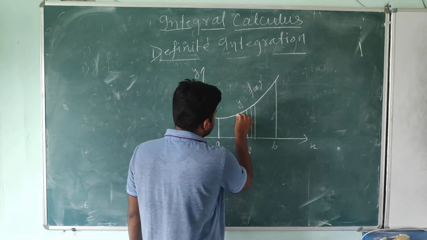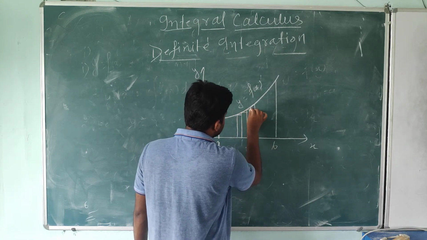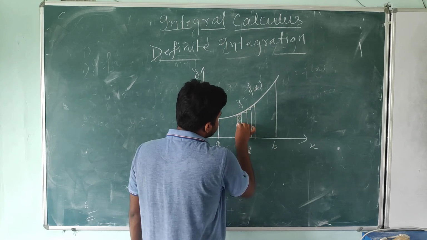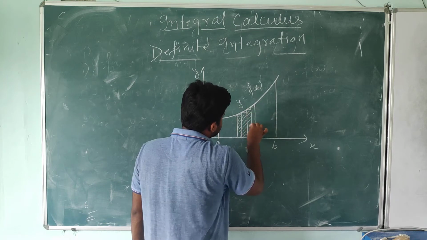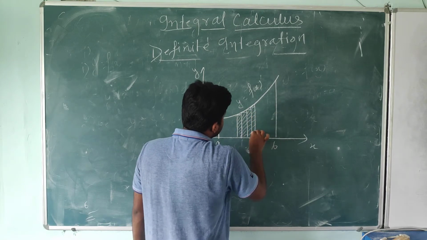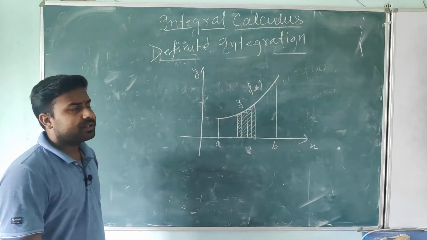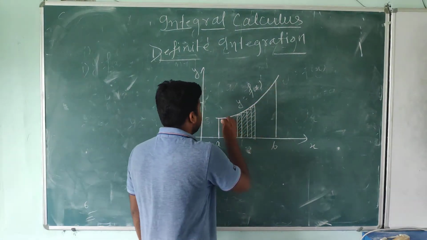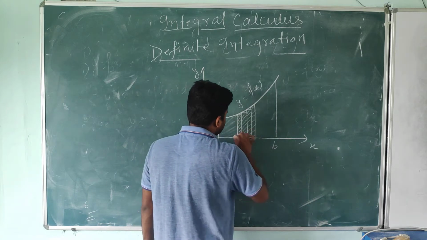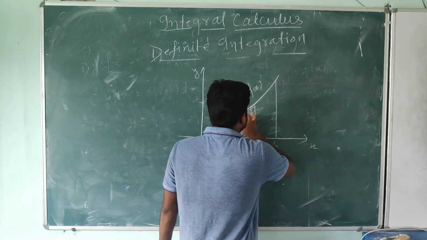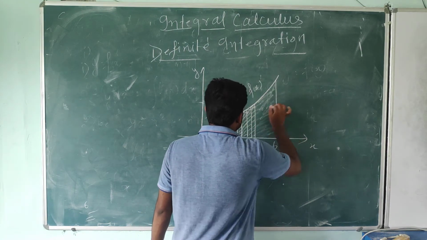Now look at this, I take a strip here, I am taking multiple strips. And if you add all these strips, what will you get? The area under this graph.